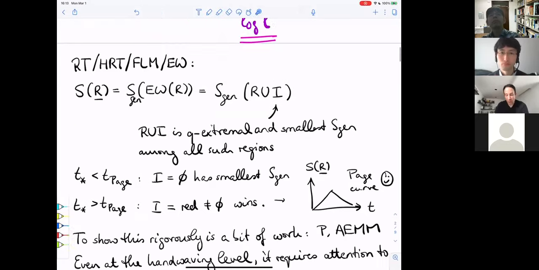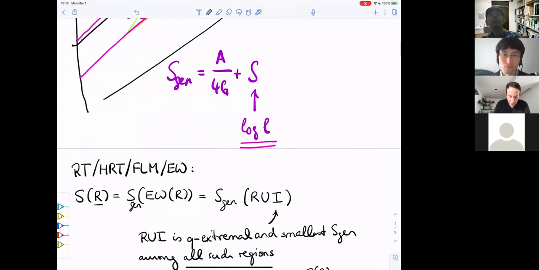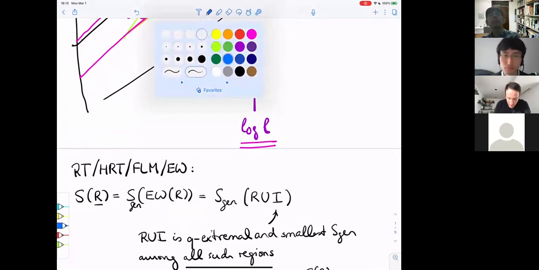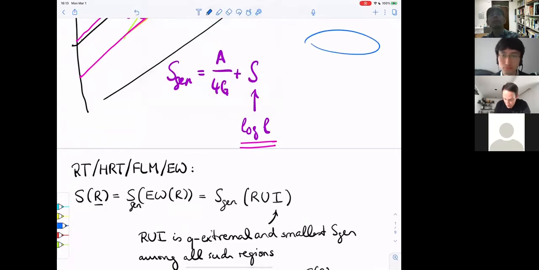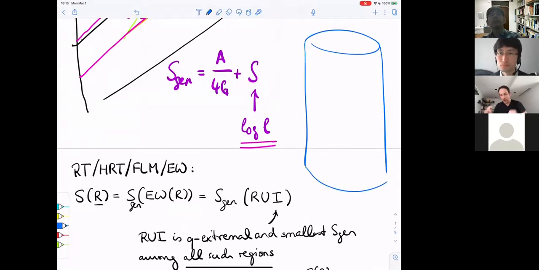Let me just draw that for you so that we have a specific example. Suppose I have anti-de Sitter space. I'm drawing it as a 2+1 dimensional Penrose diagram, so this cylinder is the boundary.